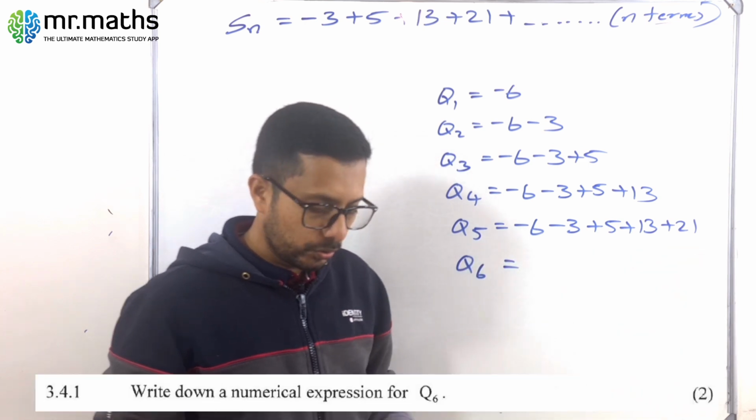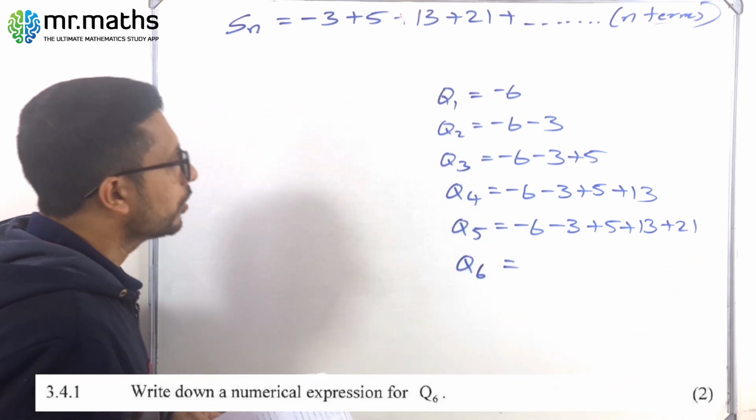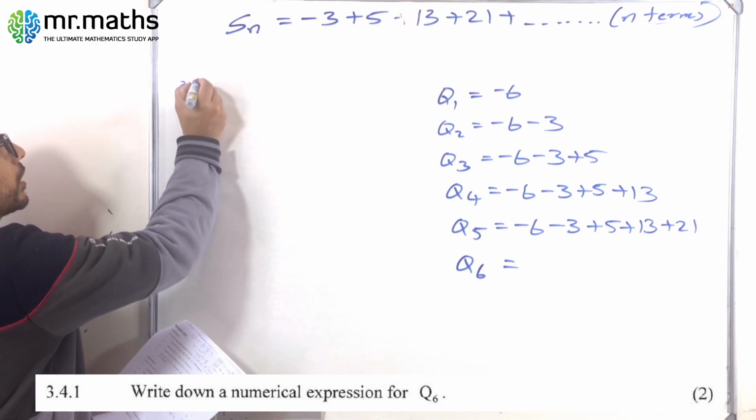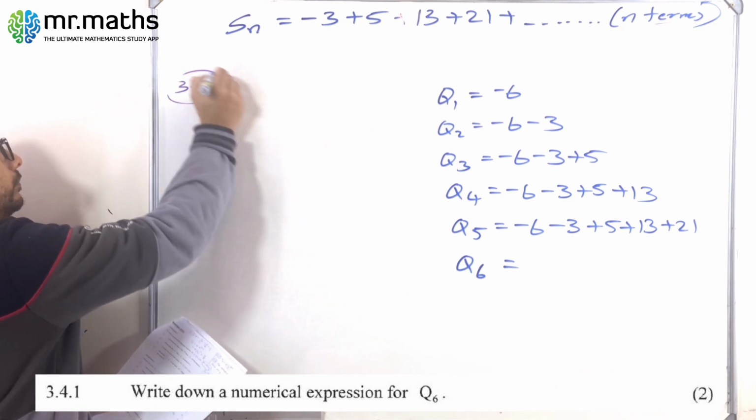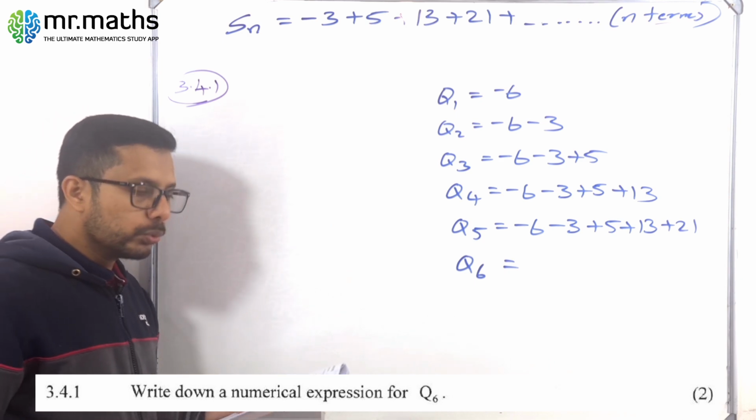Okay, now what is the question there? Question number 3.4.1. Write down a numerical expression for q6.